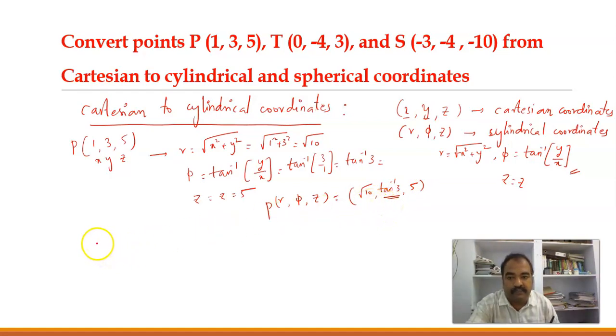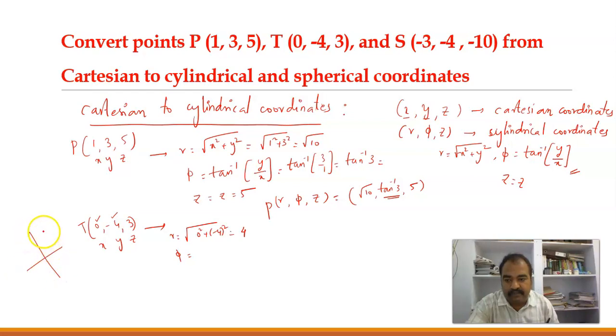And now the second point, if you carefully see, it is T: 0 comma minus 4 comma 3. So it is again x, y and z. So r is equal to square root of 0 square plus minus 4 square. It is 4. For phi, x is positive and y is negative, so you know the quadrant system, right? Here both x and y are positive.